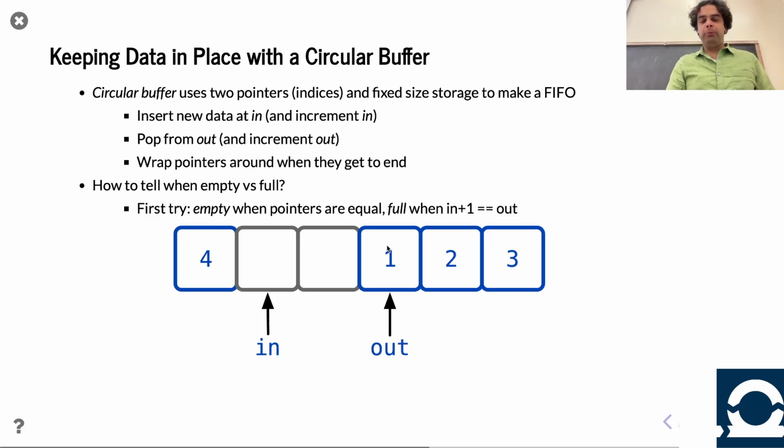Whatever the out pointer points to, we take that element and then we add one to the out pointer. Meanwhile, if we want to enqueue something, we put it where the in pointer points and we add one to the in pointer. And so you can see how either way, these pointers in and out keep having one added onto them whenever these operations happen, whether it be enqueue or dequeue, and they grow.